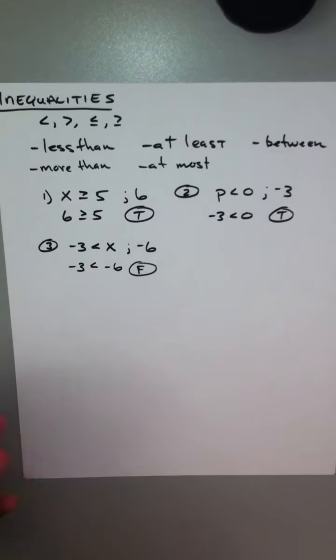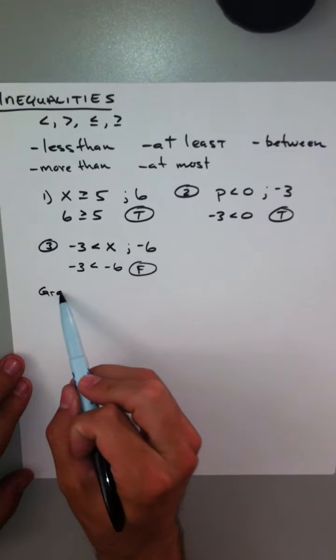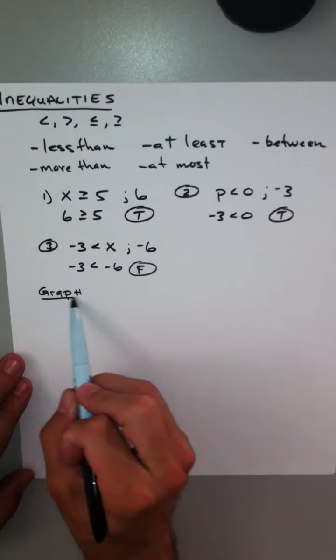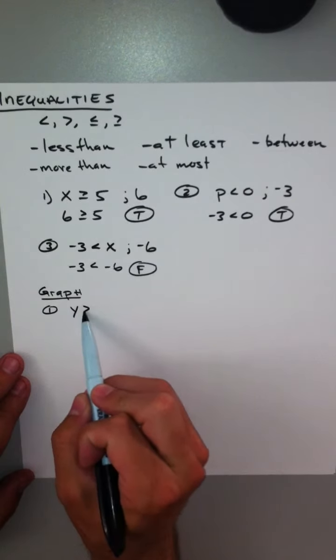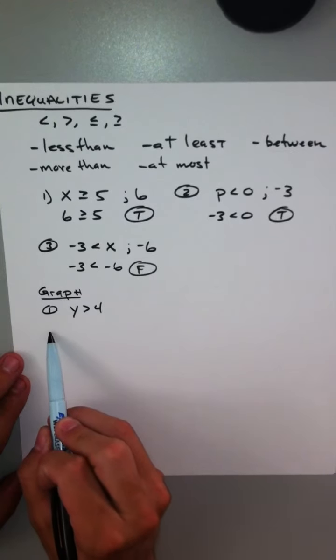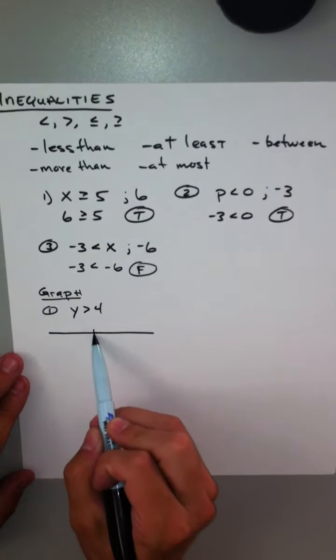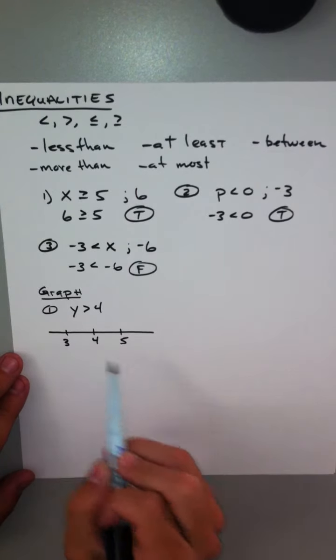Okay, so let's move on a little bit. Let's talk about some of the basics of graphing. Now, when you graph, we're going to graph on a number line to start. How would you graph something like this? You would say that y is greater than 4. Well, on a number line, I'm going to put the number 4 here, with a number to the right and a number to the left.